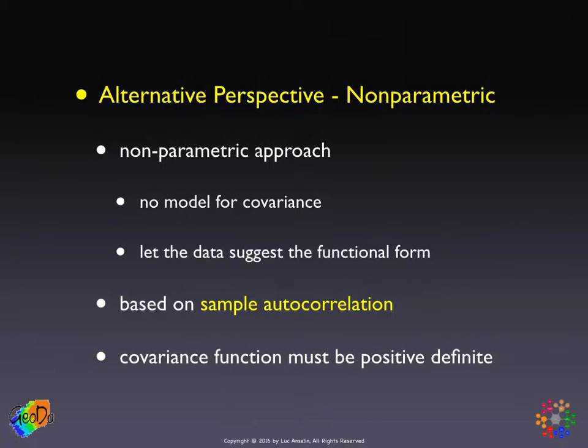It works by thinking of the sample autocorrelation between any pair of locations as a very general function of the distance that separates them. And the form of the function is not pre-specified.